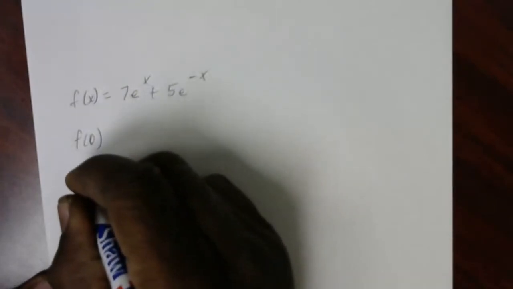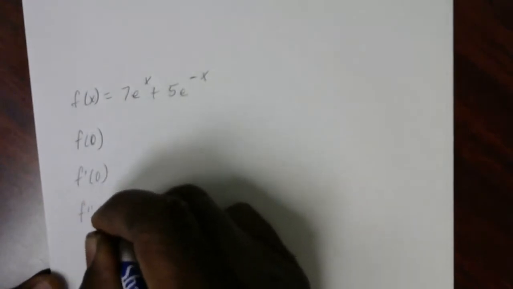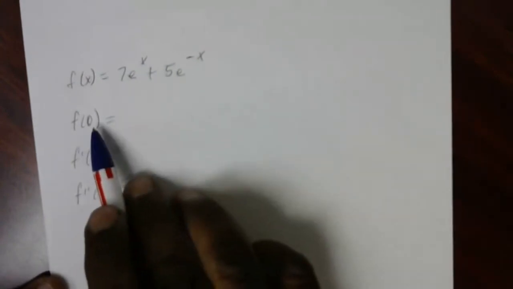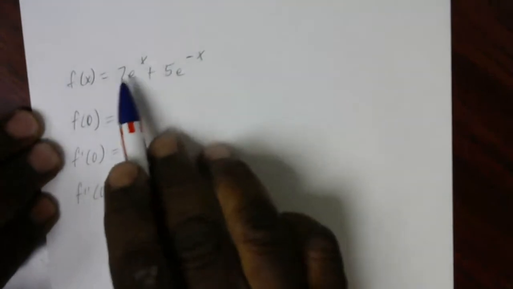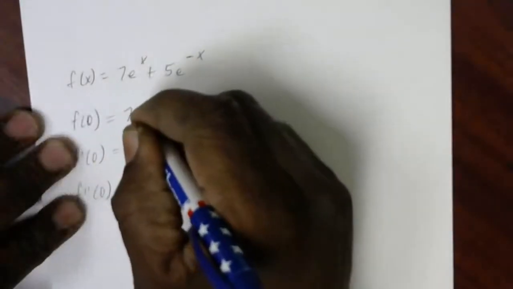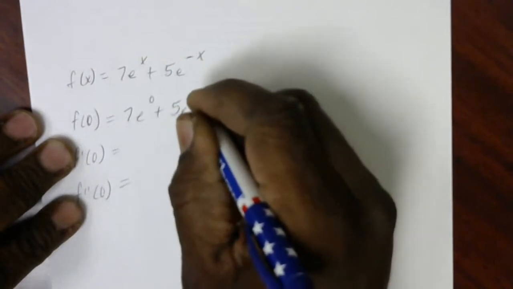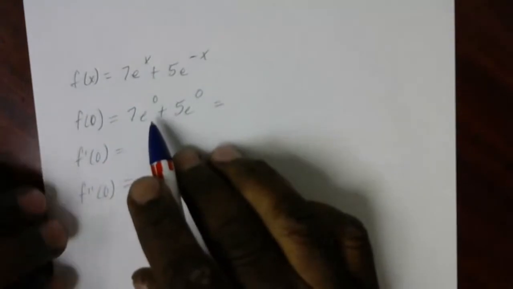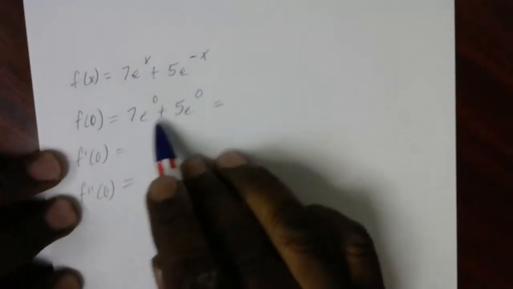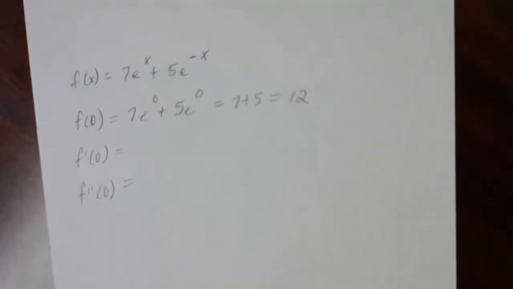We have to find f prime of 0 and f double prime of 0. All right, well, we can find f of 0 by simply substituting in x for 0. So this is 7e to the 0 plus 5e to the 0. Remember that from the 0 exponent rule, anything to the 0 power is 1. So this is 7 plus 5, which is 12.